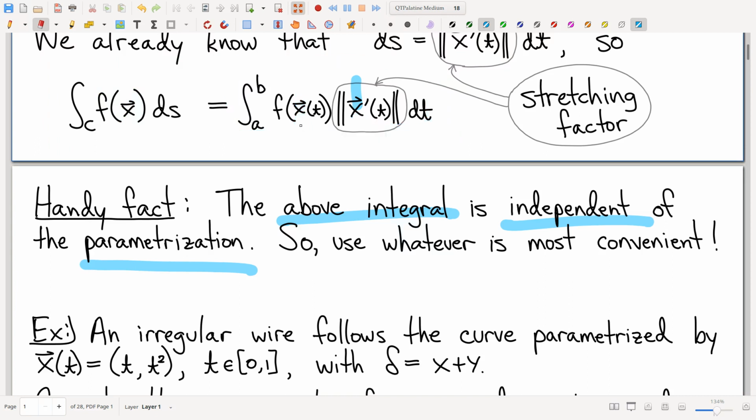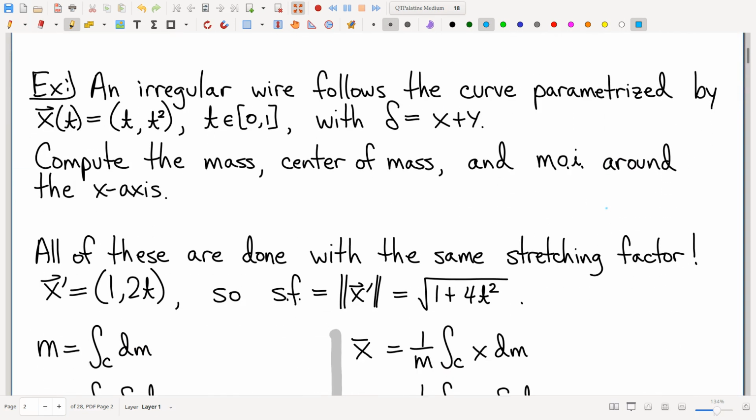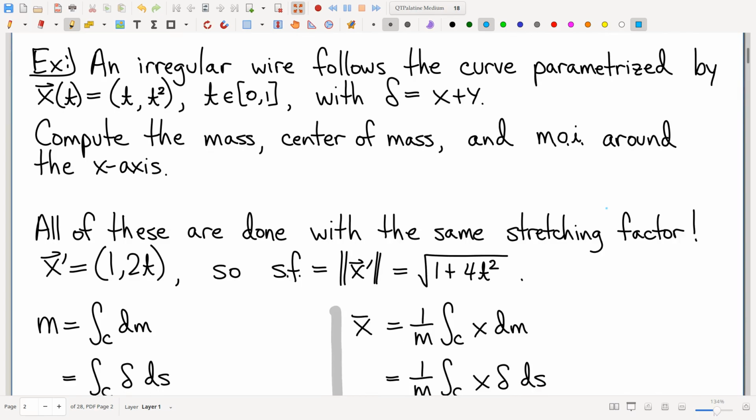Okay, so now let's do one. Let's crank one out. I'm going to entertain that we have a wire. Mass is distributed across this wire, so it's a non-constant density. Y'all remember questions kind of like this in single variable, mass of a one-dimensional rod. Here the rod's just bent.